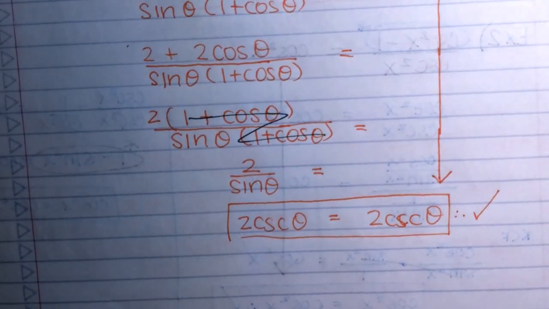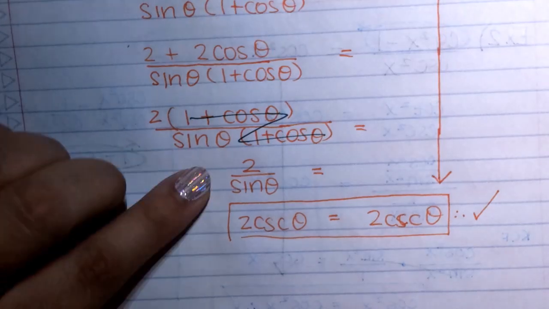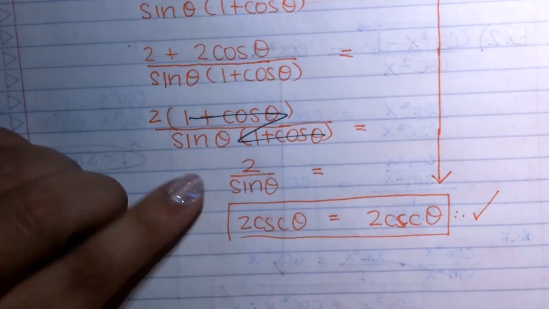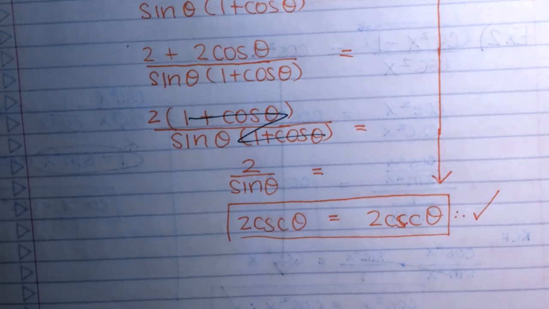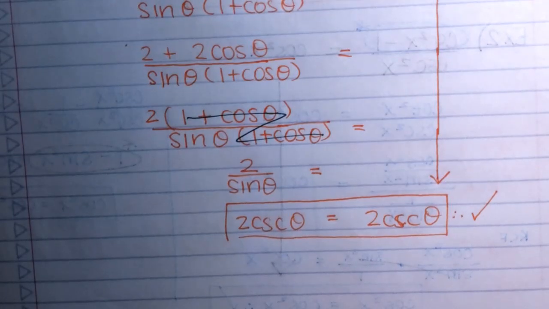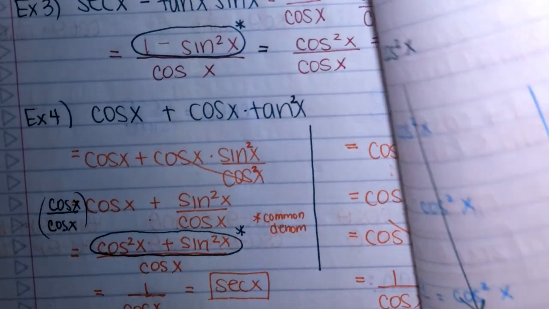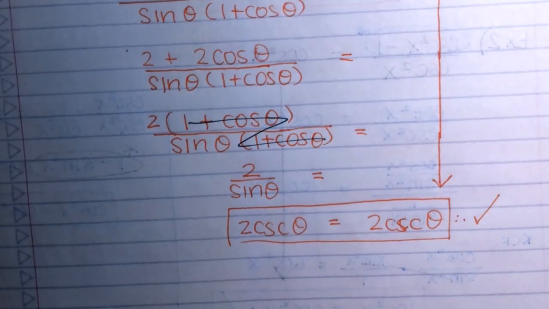Okay. Does everybody see how I went from here to here? Is it therefore outside or inside the box? Oh, it doesn't matter. Usually I put it inside the box, I think. But yeah, it's okay if it's outside.